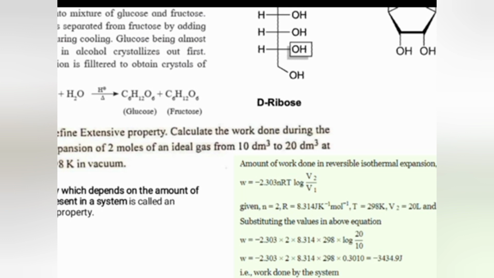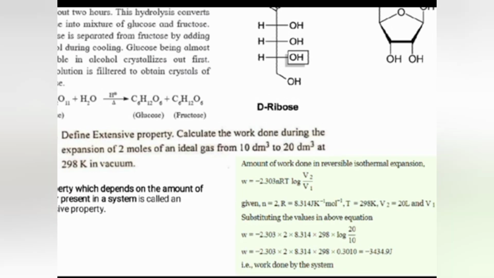You will get the answer minus 3434.9 joule. If the work done is negative, the work is done by the system on the surroundings.